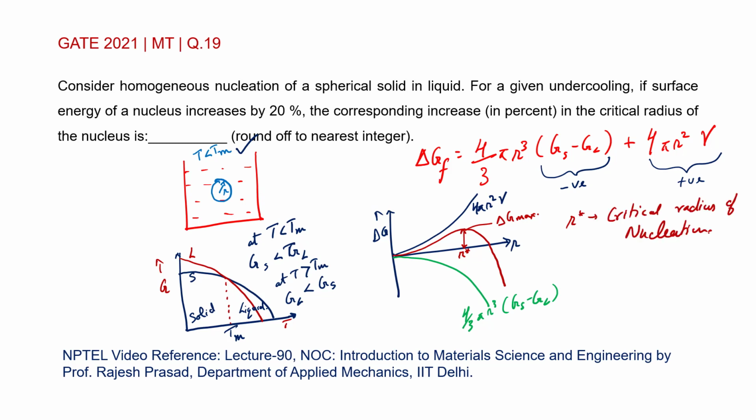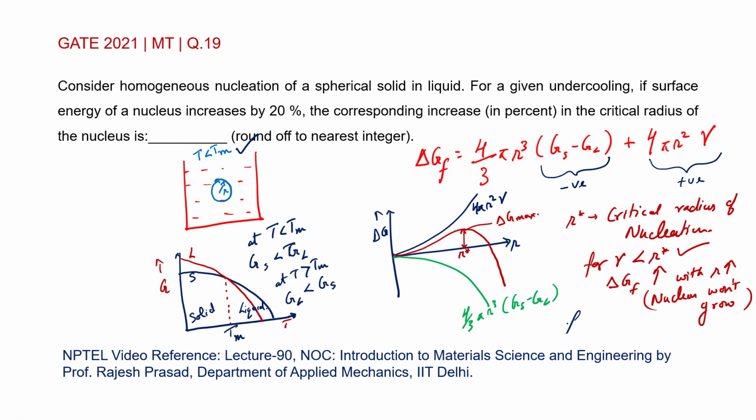Why is it critical? Because for radius less than r star, the delta GF tends to increase with increase in the size of the nucleus, which is not favorable. So solidification won't proceed, the nucleus won't grow.